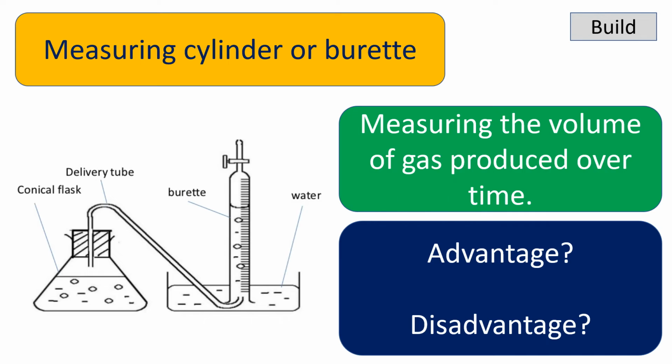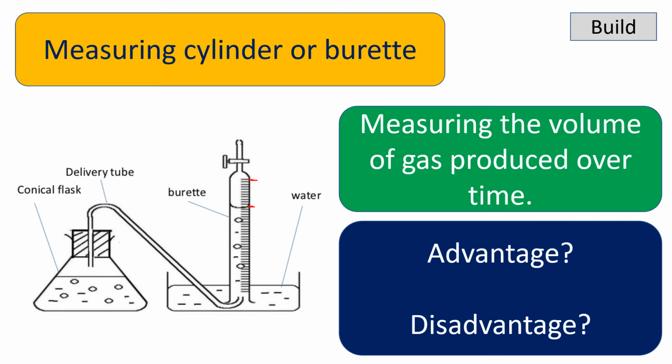And what happens is the gas pushes out the water. So it might be that the water starts up here at 0, and after 30 seconds, it's gone down to 30, and therefore I've made 30 centimetres cubed in the first minute, or whatever. Or you might say, well, it's taken me 2 minutes to empty the tube, or whatever.